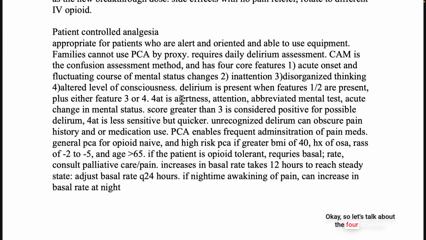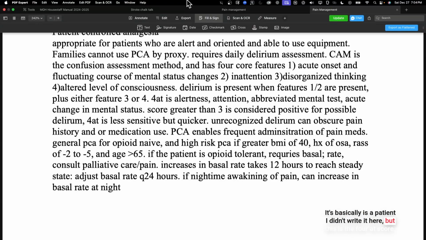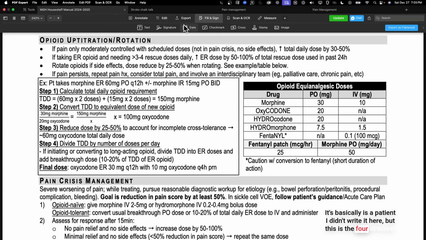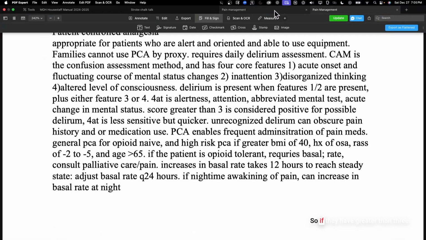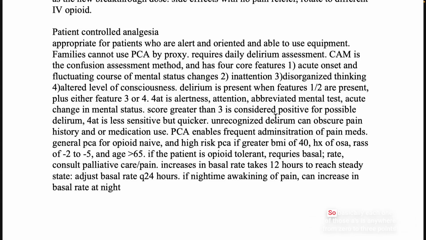Okay, so let's talk about the 4AT score. It's basically quicker to do. I didn't write it here, but the 4AT score is alertness, attention, abbreviated mental test, and acute change in mental status. Each one of those is anywhere from 0 to 3 points.